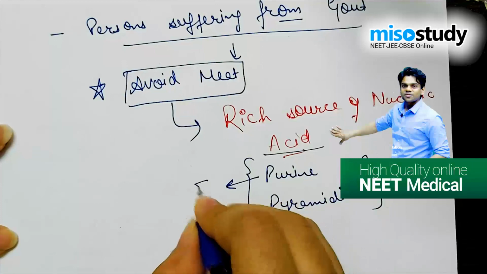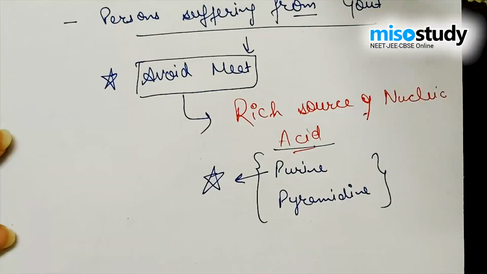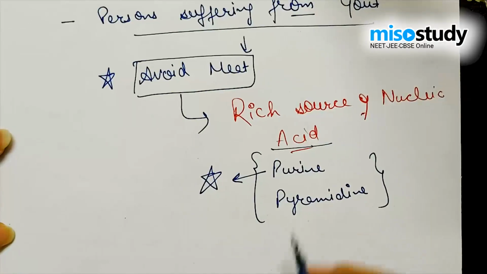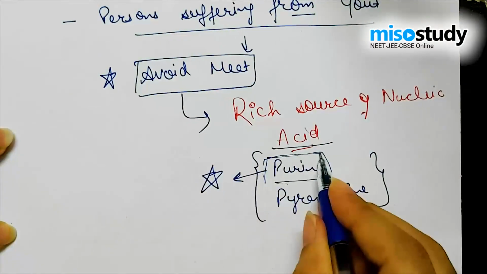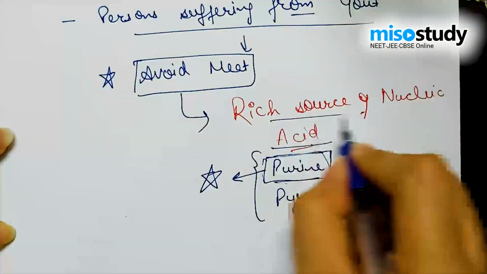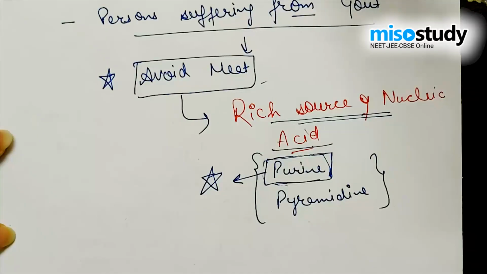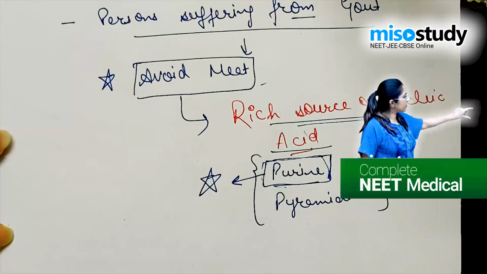Gout is a metabolic disorder related to purine metabolism. Purine is harmful for the patient, so a person suffering from gout generally avoids meat, because by taking meat the uric acid level increases in their body.